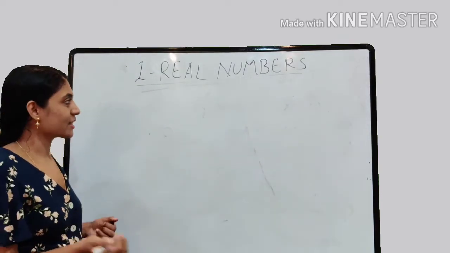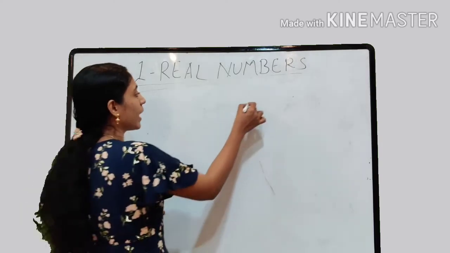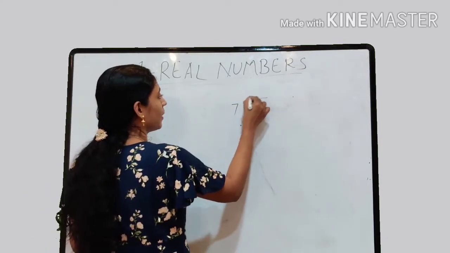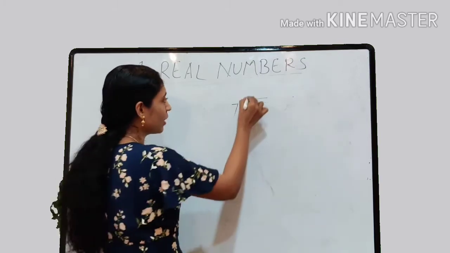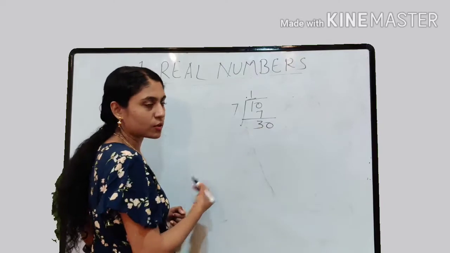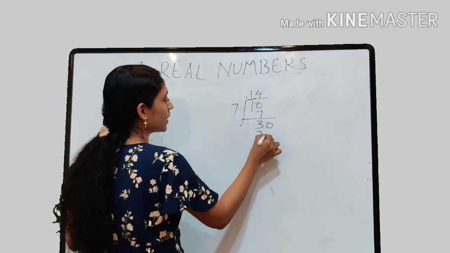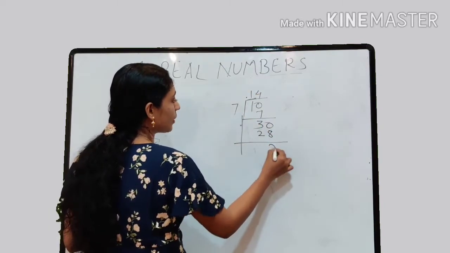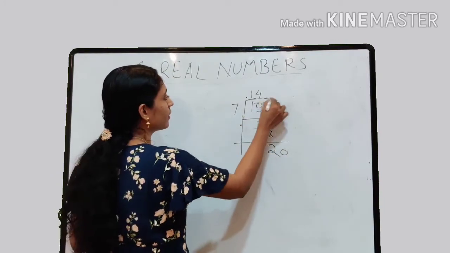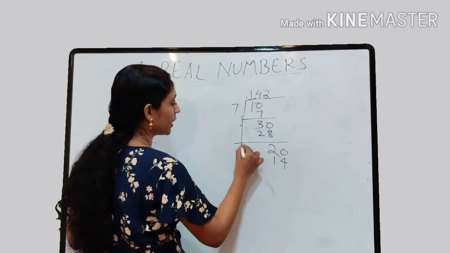Right friends? Say 1 by 7. What will happen when we divide 1 by 7? See, 0.0, right? 1, 7. Remainder 3. Again we are putting 0 so as to get 7 4s are 28. Now we are getting the remainder as 2, putting 0, right? Then 2 7s are 14, right?